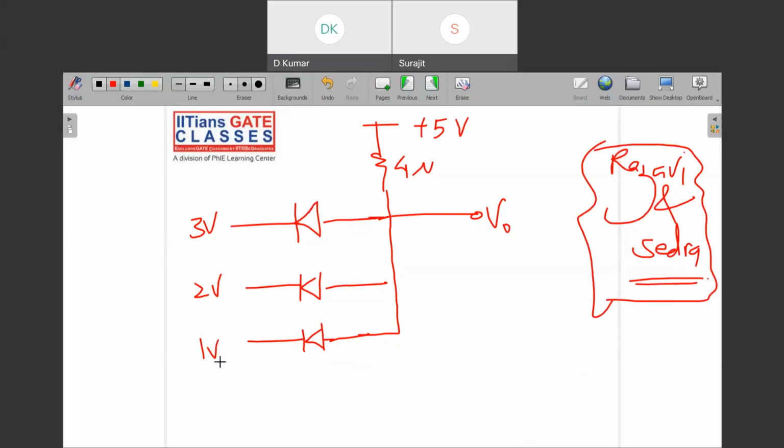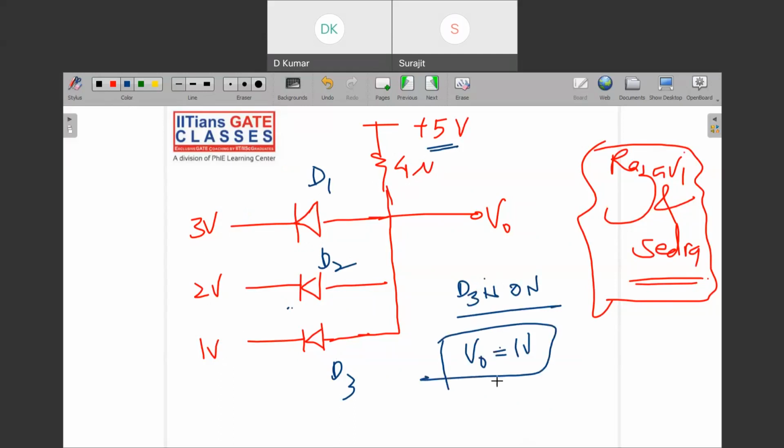3 volt, 2 volt, 1 volt. Now you can tell the status of diodes D1, D2, and D3. Very easy. This time the reference is 5. So 5 minus 3 is 2, this is 3 and 4. So D3 is on, only D3 is on. And V naught is 1 volt directly.